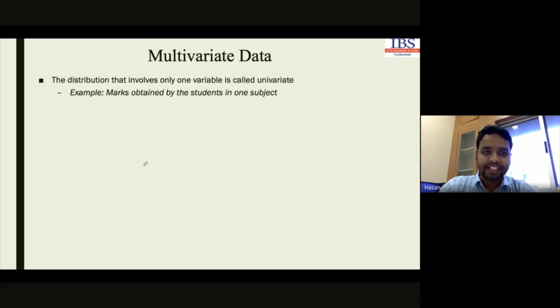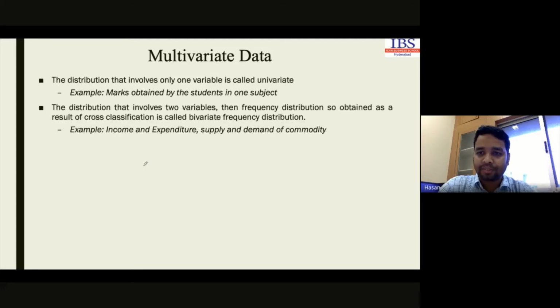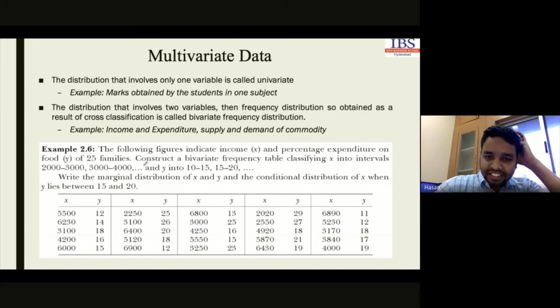If data has two variables, it creates bivariate data. Look at this example. We consider two different variables: one is income and another is percentage expenditure on food for 25 families.